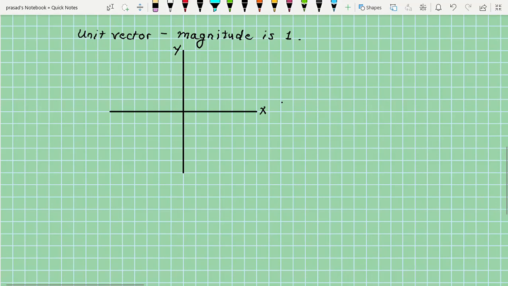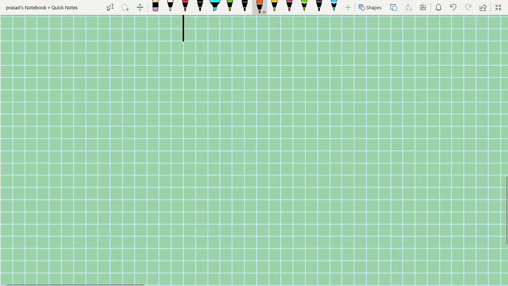So starting from the origin along the positive x direction, this will be the i vector. And a unit vector that is in the positive y direction will be the j vector. These two vectors are very important as far as solving problems is concerned.